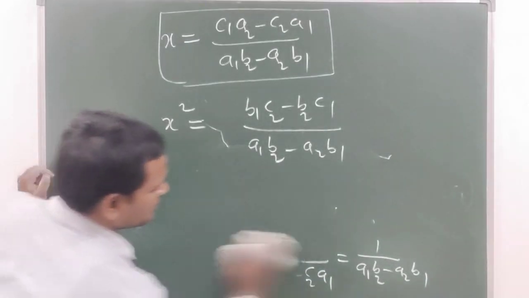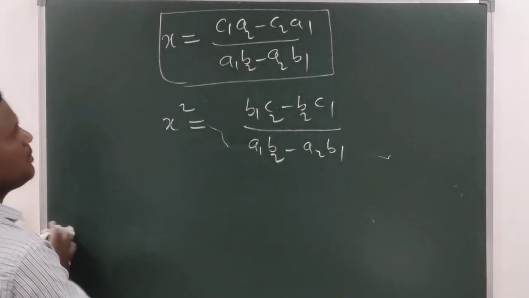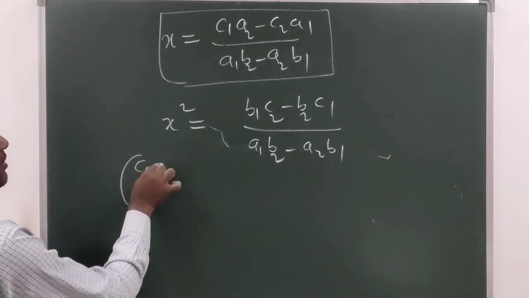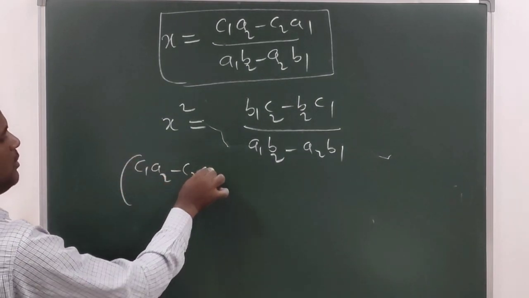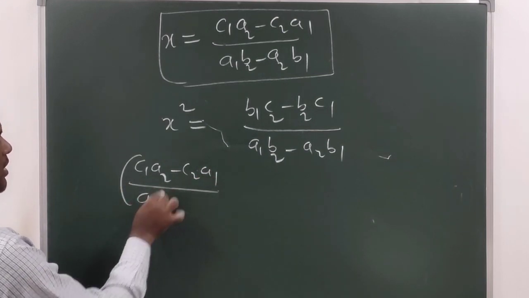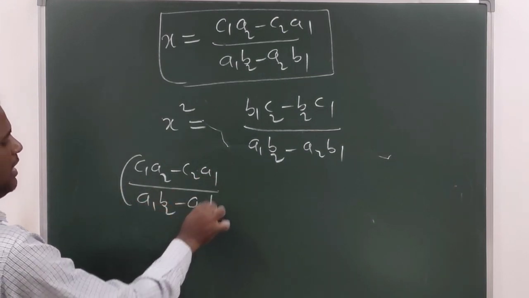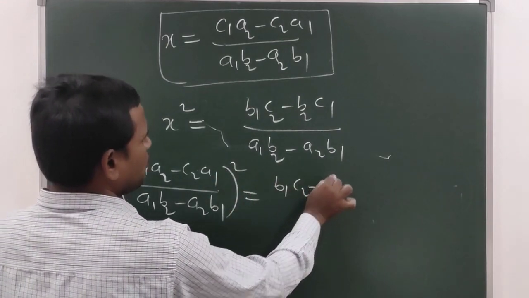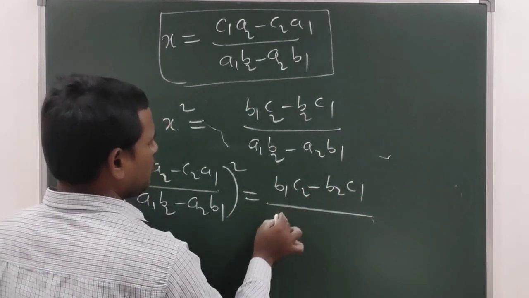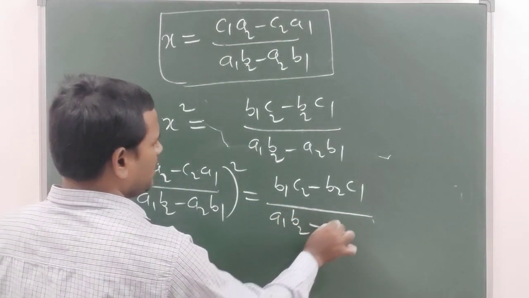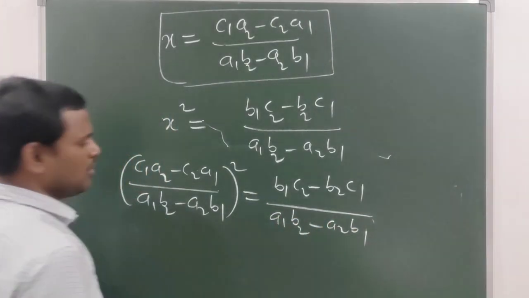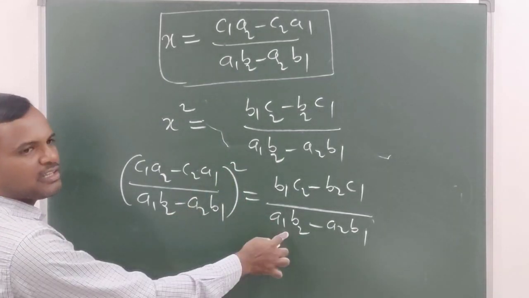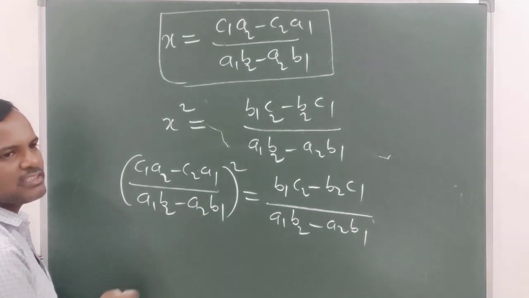So substitute this x value here. When you substitute, ((c1a2 − c2a1)/(a1b2 − a2b1))² equals (b1c2 − b2c1)/(a1b2 − a2b1). Now simplify. Here a square is there, so observe both sides' denominators. One factor will get cancelled.